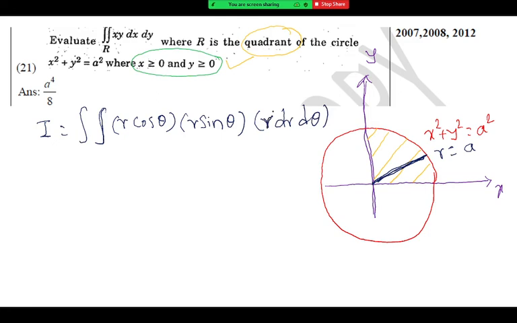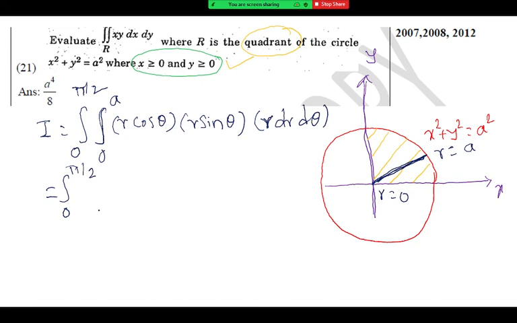So we transform the double integral from Cartesian to polar. Now I want the minimum and maximum theta over the region: it should be 0 to pi by 2, and the inner and outer end of the strip touch 0 to A. Yes, the inner end touches R equal to 0, the outer end touches R equal to A. That's the limit. So this 0 to pi by 2 will be as it is.